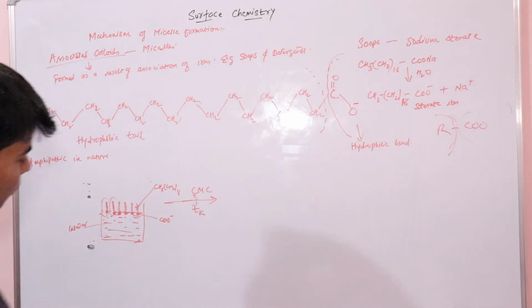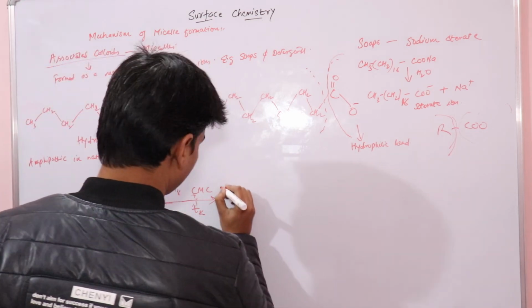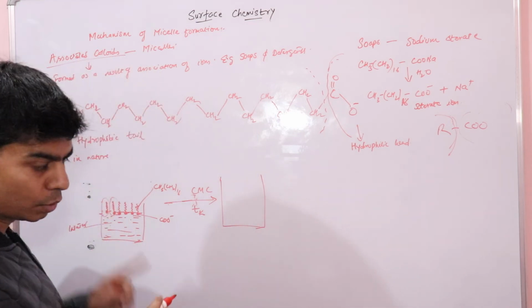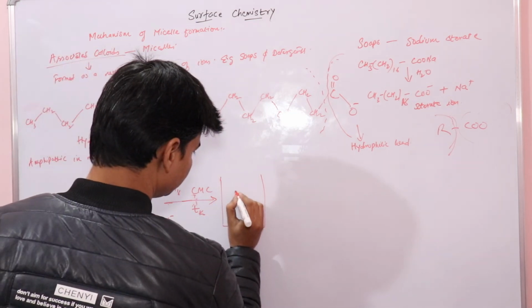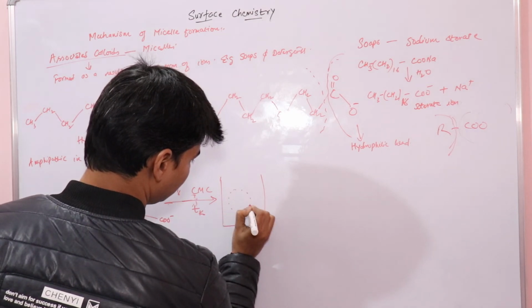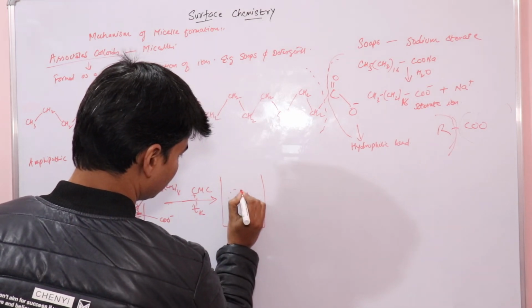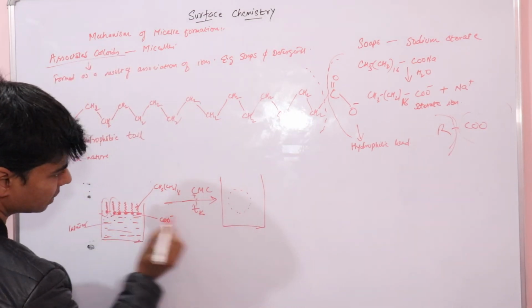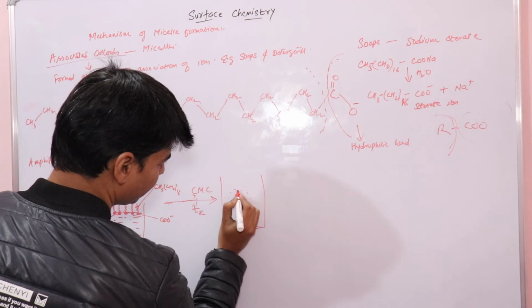So inside the bulk of water, when these ions are pulled inside, these ions will arrange in the form of a sphere, with the tail towards the center of the sphere and the heads at the surface of the sphere.